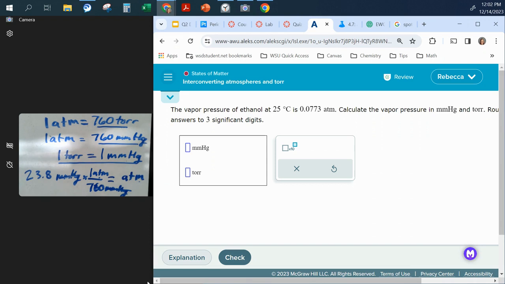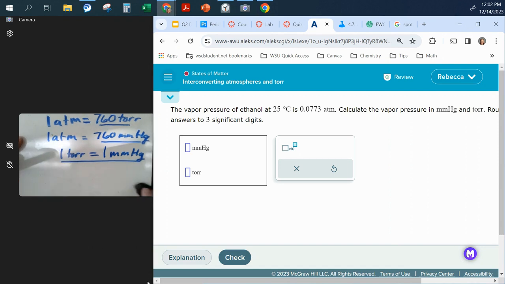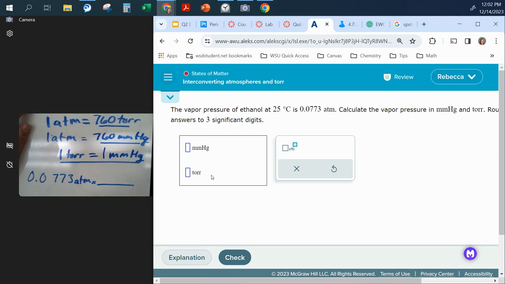Okay, so this one, our value is, the vapor pressure of ethanol at 25 degrees is 0.0773 atmospheres. And we need to convert that into millimeters of mercury and torr. So we'll just do millimeters of mercury first because that's on the top. Let me erase this so it fits.